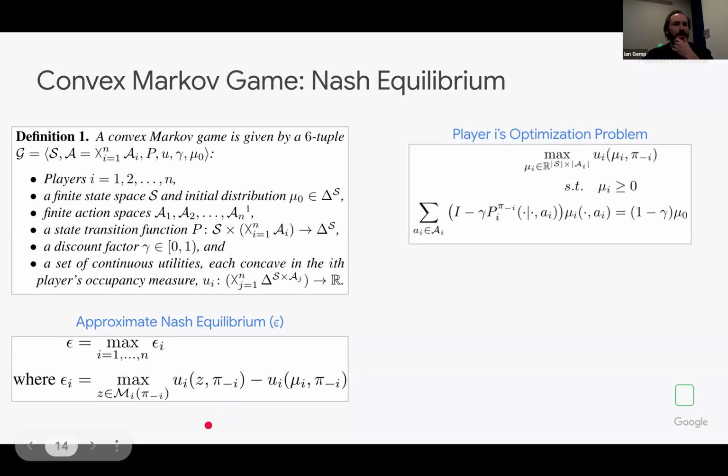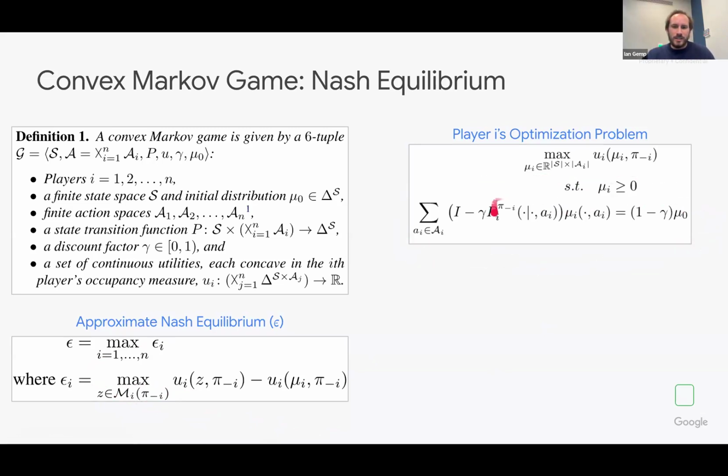So this formula measures how much a player can gain by deviating to a different occupancy measure. Sorry, I should have spelled this out. This set M sub I is just an abbreviation for this set of constraints here.